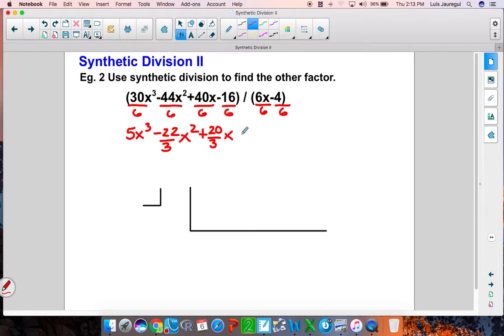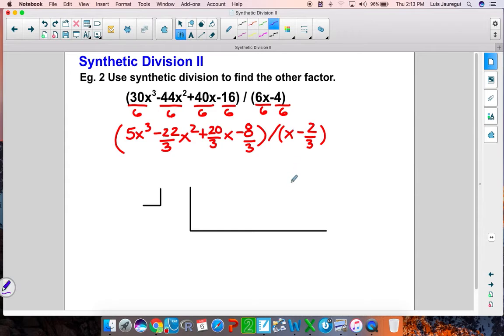And then minus 16/6, which will correspond to negative 8 over 3 after you simplify the fraction. Now, we're going to divide this by x minus 2/3. Again, one more time after you simplify the fraction. Now notice we have a leading coefficient of 1, so we can use synthetic division.